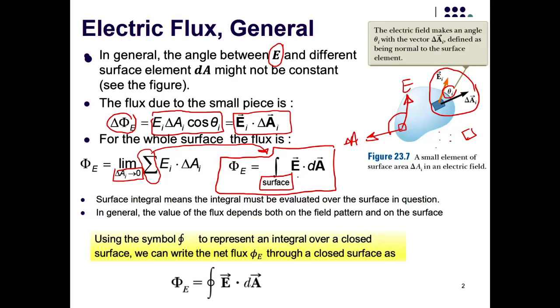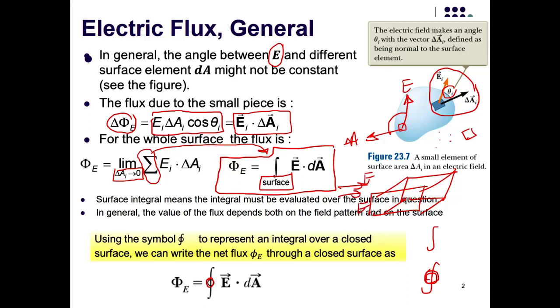Now, by notation, if you calculate the total flux, not just a portion of the area but across the whole surface, instead of putting the integration like this, we put the integration like this. When you see this circle, it means you are doing integration over the whole surface. So for example, let me go back to the box so it's easier to understand. In the previous example, the electric field goes this way.